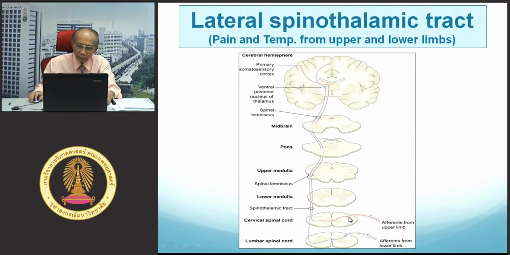Axons from the second order neuron cross at the ventral white commissure and ascend through the brainstem as the lateral spinothalamic tract. The third order neuron is in the ventral posterior nucleus of the thalamus, which sends sensory radiation to the primary somatosensory cortex.